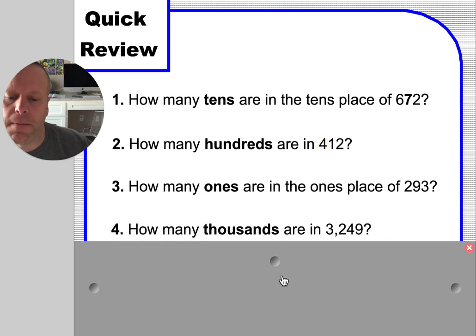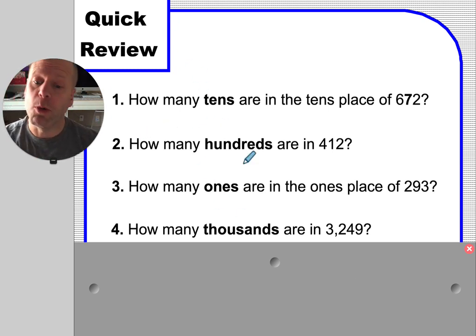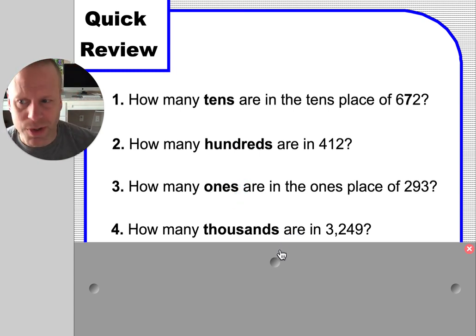How about number 4? How many thousands? Oh no, wait a second. This is no longer a quick review. Here we're moving into the place value that's going to come in 3rd grade. And you're not even there yet. But maybe you could do this. How many thousands are in 3,249?